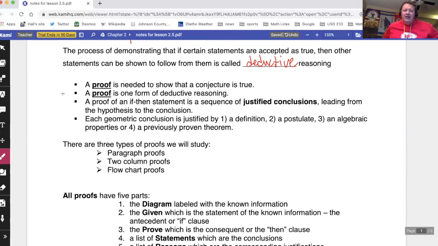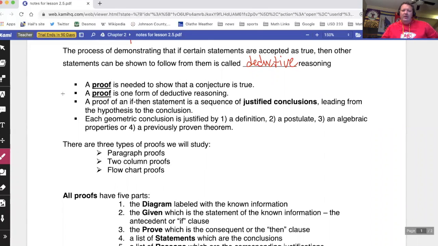A proof is needed to show that a conjecture is true. So we can't just accept conjectures until we've used the process of formal proof. A proof is one form of deductive reasoning. It's using a combination of statements that are known to be true to show that another statement is true.